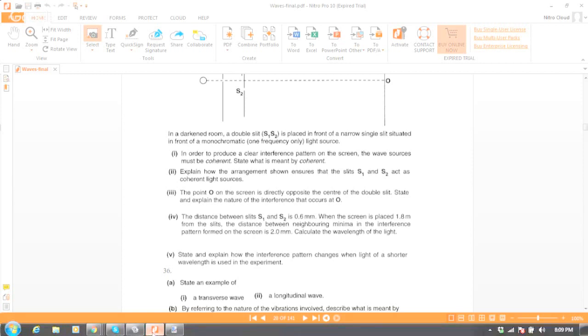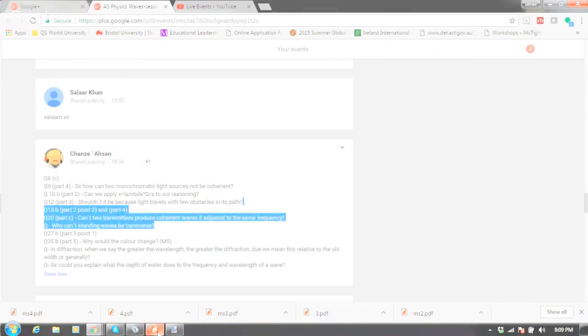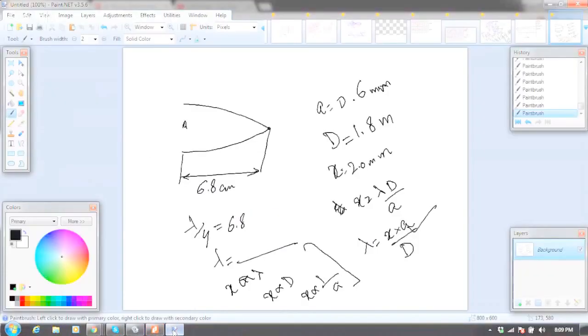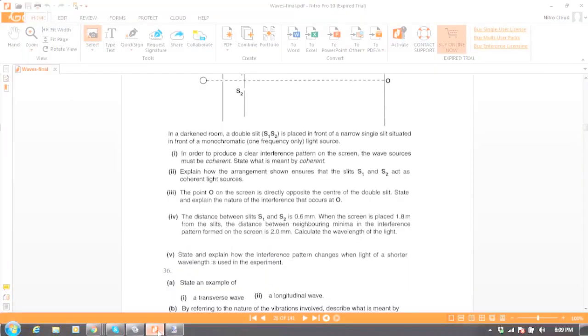State and explain how the interference pattern changes when light of a shorter wavelength is used. Whether the color changes or a shorter wavelength is used, I have put before you that with a shorter wavelength the value of x changes. So x and wavelength are directly proportional to each other. So the fringes will get closer to each other.